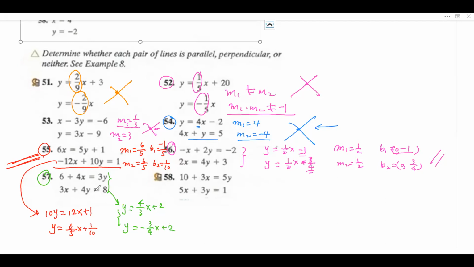Did you see that? Can you guys do this one? So you can see the slope for this one is 4 over 3. The second slope is -3 over 4. You can see they are different. And the product of these two, just multiply these two together, you get -1, right? M1 times M2 is -1. So these two are actually perpendicular to each other. Perpendicular.